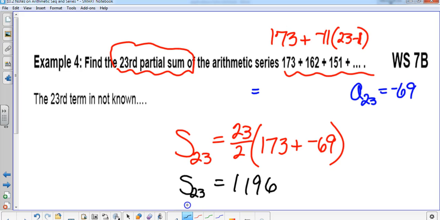We're getting all kinds of different answers, so I hope everybody's typing. If you want, type 23 divided by 2 and then parenthesis 173 plus negative 69. You can type it just like that. Did you figure out what you did, Mika? Yeah, I actually added it. I guess I'll trust the button really quick. You're okay. Everybody all right?